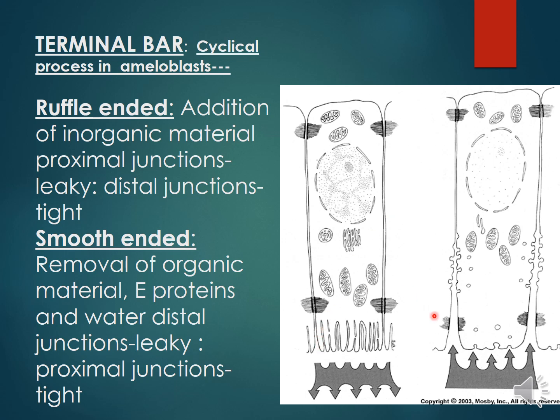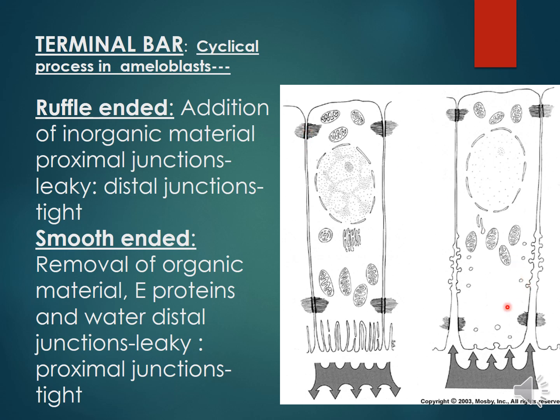The distal end of the ameloblast shows morphological changes. Microvilli, or what we call the brush border or ruffled border appearance, helps in the introduction of inorganic crystals into the formed enamel matrix, and the distal terminal bars are very tight here and the proximal terminal bars are leaky.